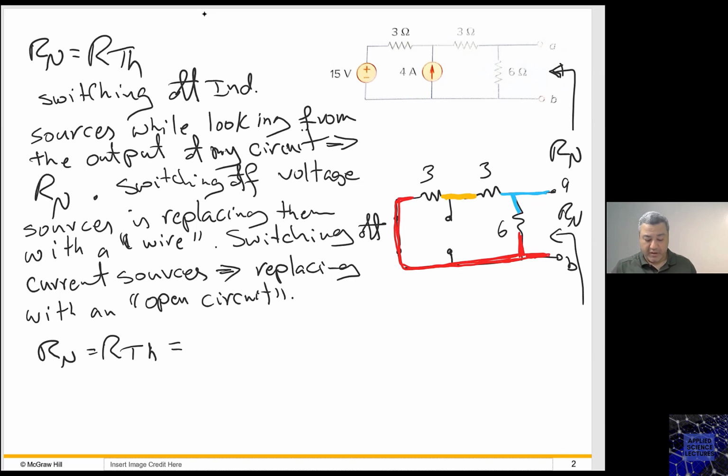Looking at the 3 and the 3, I can see that they're sharing one node and no other components are sharing that node, which means they have the same current going through them, which means that they are in series. So now 3 and 3 are in series.